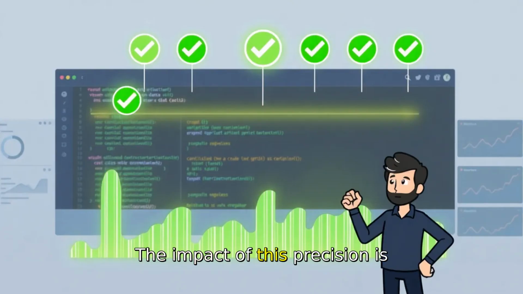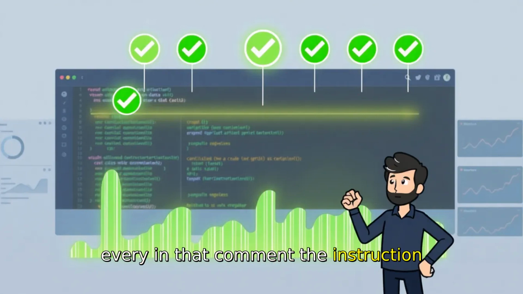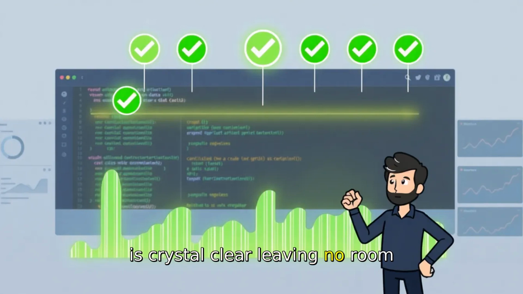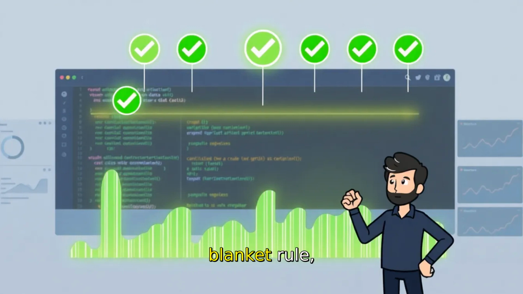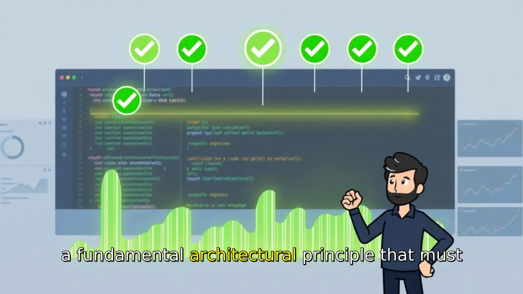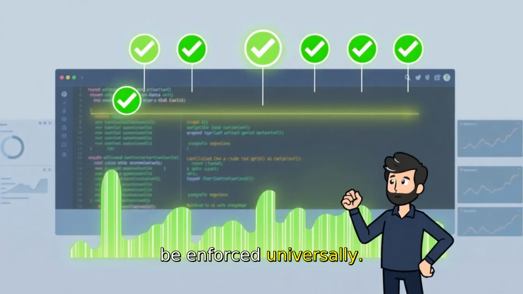The impact of this precision is immediate and profound. When a developer sees the word every in that comment, the instruction is crystal clear, leaving no room for misinterpretation. They understand the requirement is a blanket rule, a fundamental architectural principle that must be enforced universally.